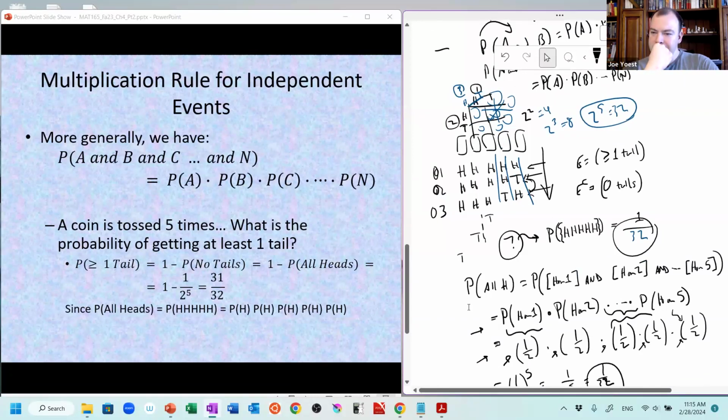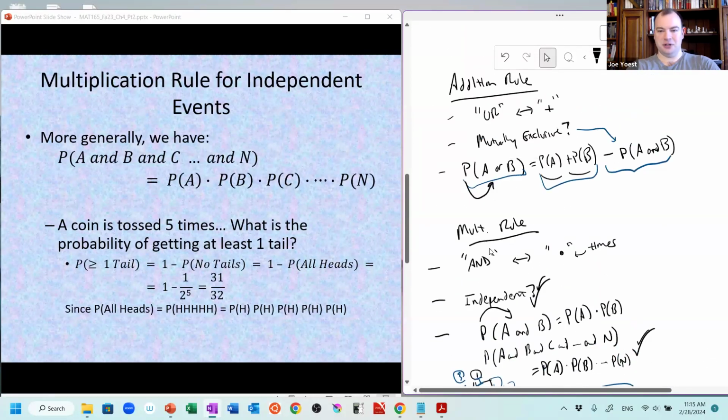Okay. There are also distributive laws for things like A and B or C. So like, events that are more complicated. These also have a set of distributive laws that go with them, but that's outside the scope of what we're talking about.